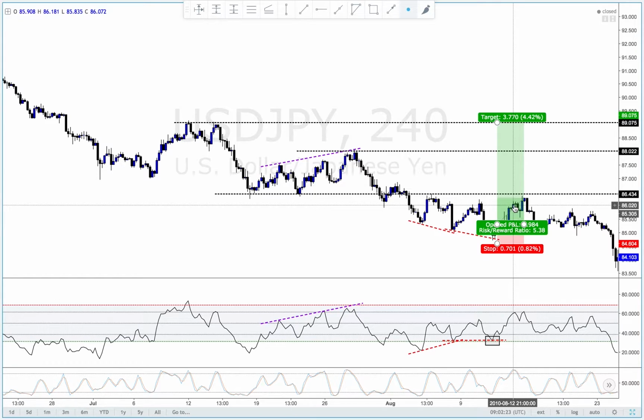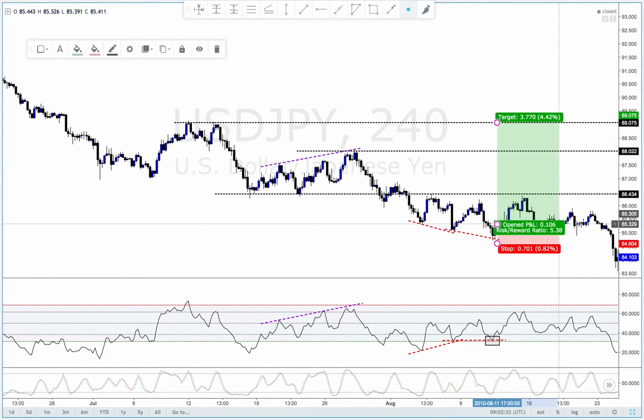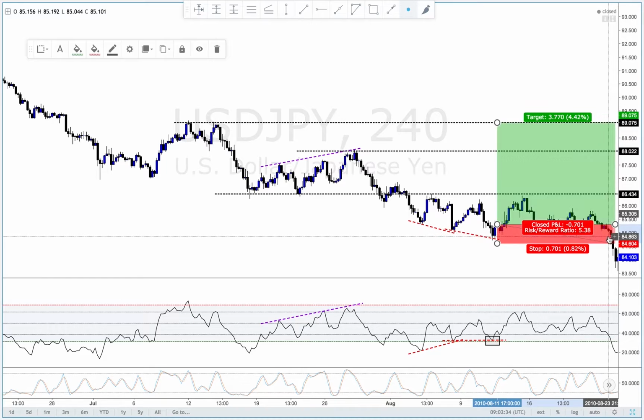So we could have got out at 98 pips based off of that divergence, or drag this out and take the stop for 70 pips. And keep in mind that on the higher time frames, risk is a little greater. From entry to stop, a little bit bigger margin. So 70 pip stop out, or 90 pip take profit.